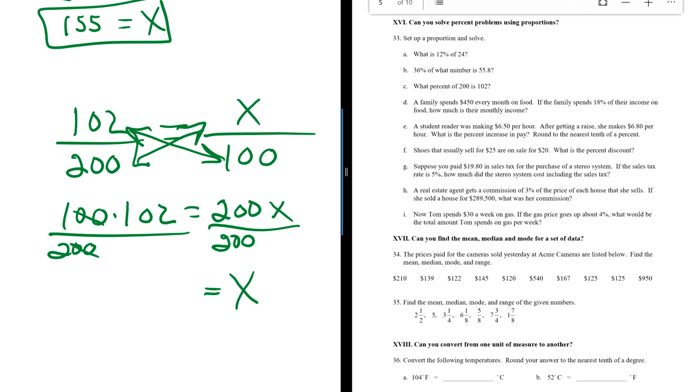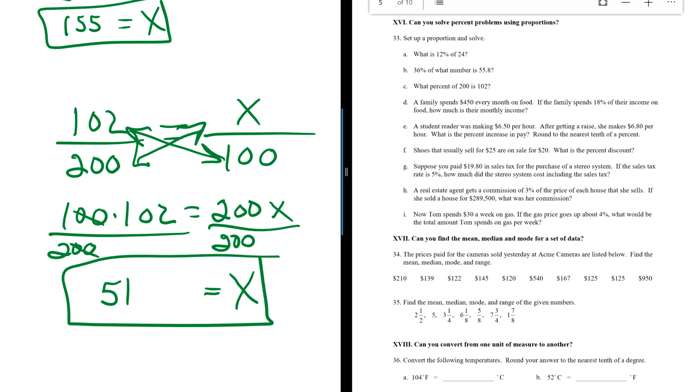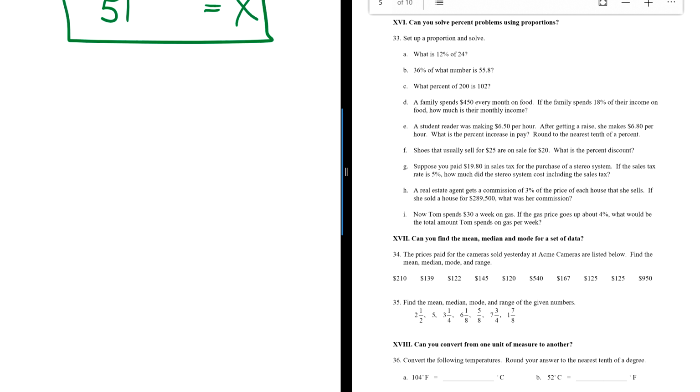So this is 102 divided by 2, which is 51. X equals 51. All right? Use your calculator, though.